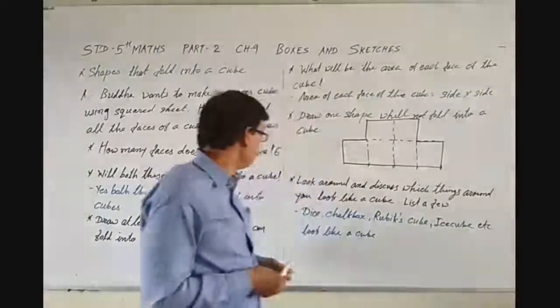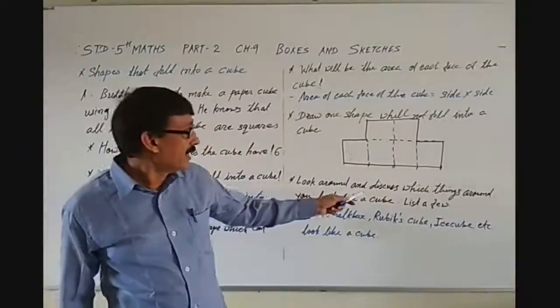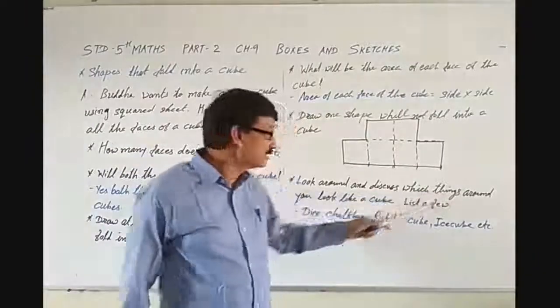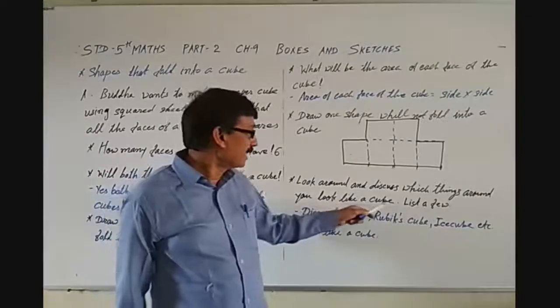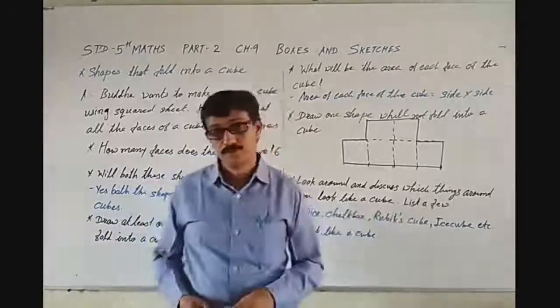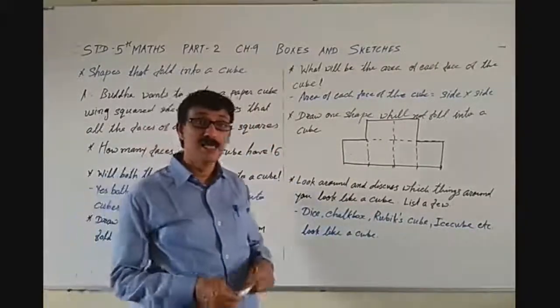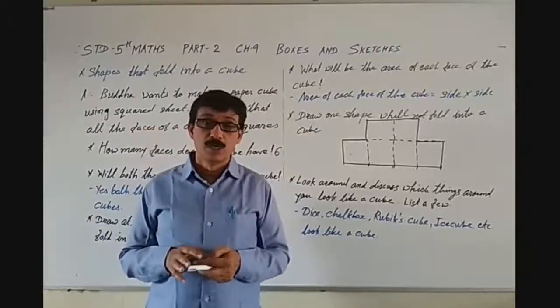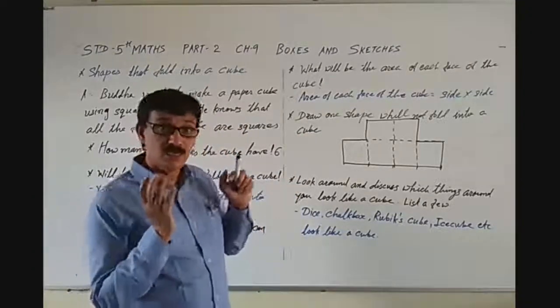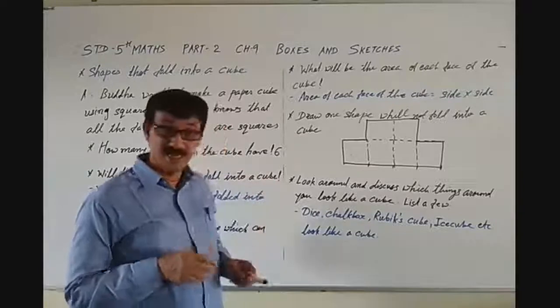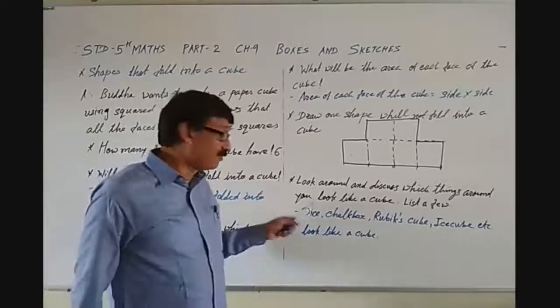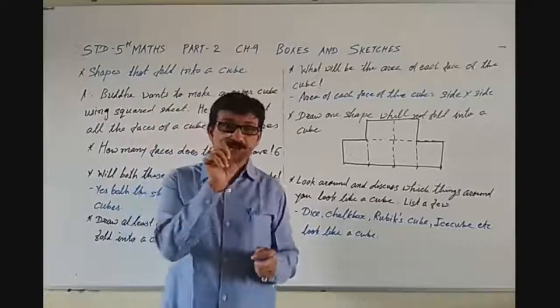Okay, let's go further. Look around and discuss which things around you look like a cube. List a few. Look around you and see which things look like a cube. Let's list them. See, one is dice. You must have seen that dice.